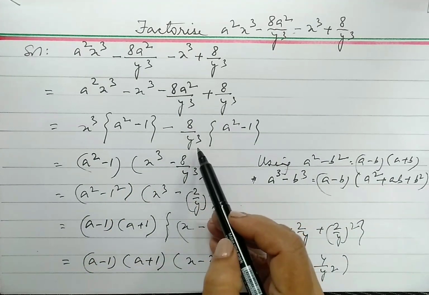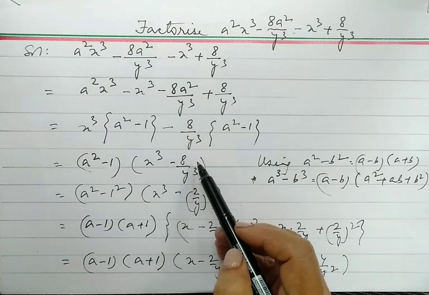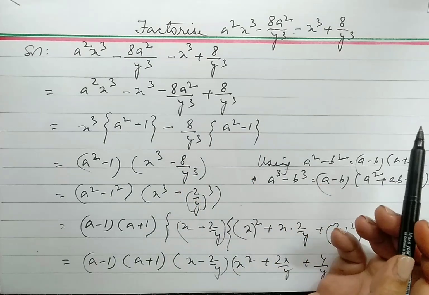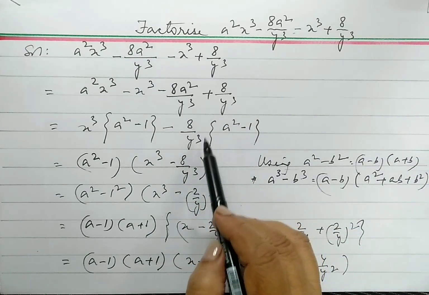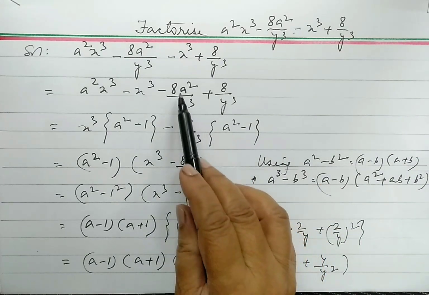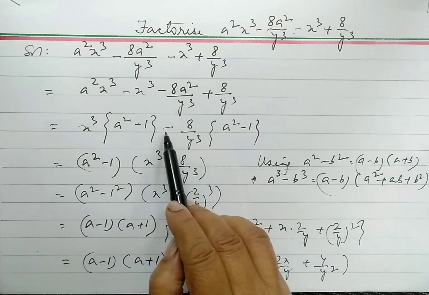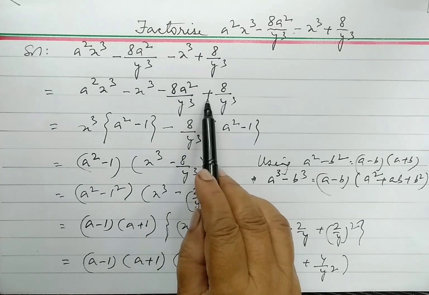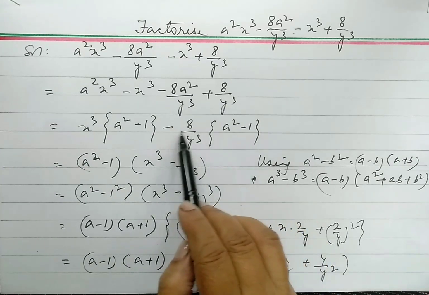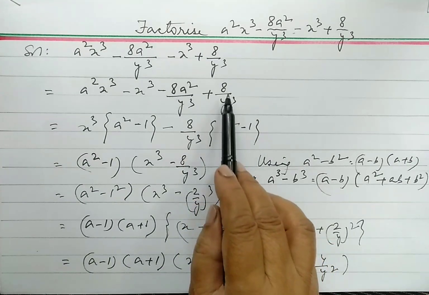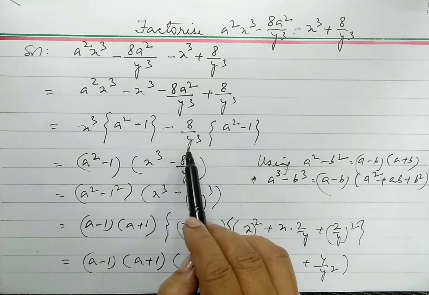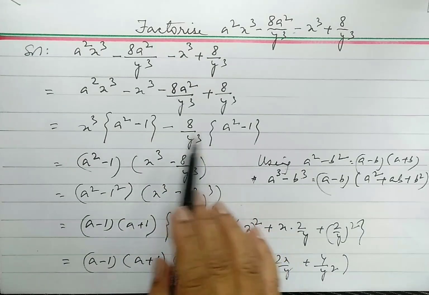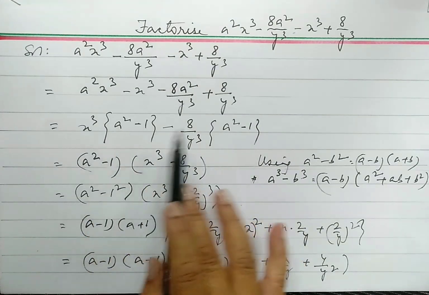So as a result, 8 upon y cube happens to be the common factor between these two. 8 into a square upon y cube gives me this, but when I multiply by minus, I get a plus here, so minus 8 into minus 1 gives me 8 plus and y cube below. So having got this, I have found the 2 common factors between these 2 boxes.